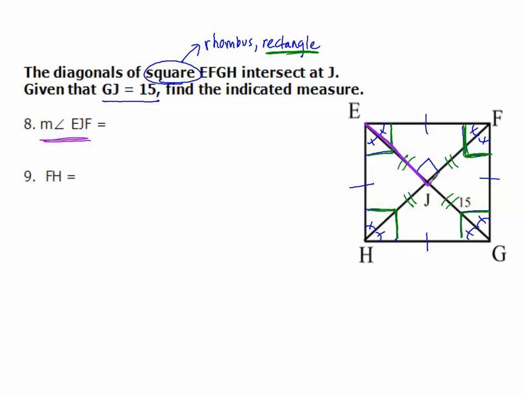Guess what? We already marked it because we knew it was a rhombus, 90 degrees. How about FH? Well, if this guy said 15 and we marked all these the same, this one was 15 and this one was 15. Put those together, 15 plus 15, and we get 30. See? Not too bad once you label your whole picture.